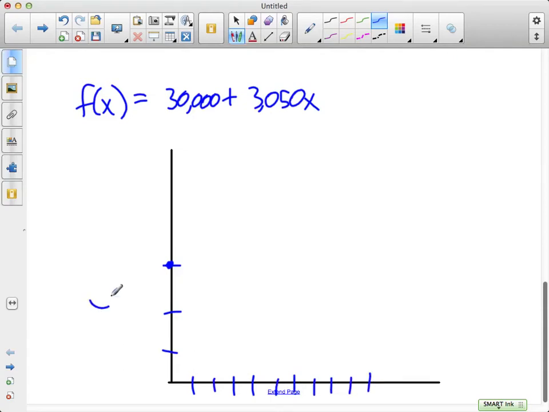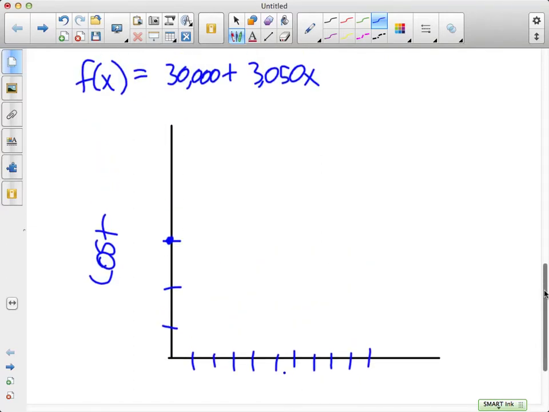And I should probably label my axes: cost, and down here is years. So out to 10 years, or f of 10.